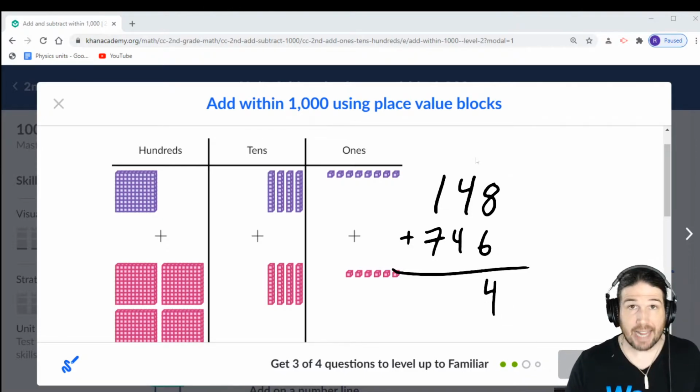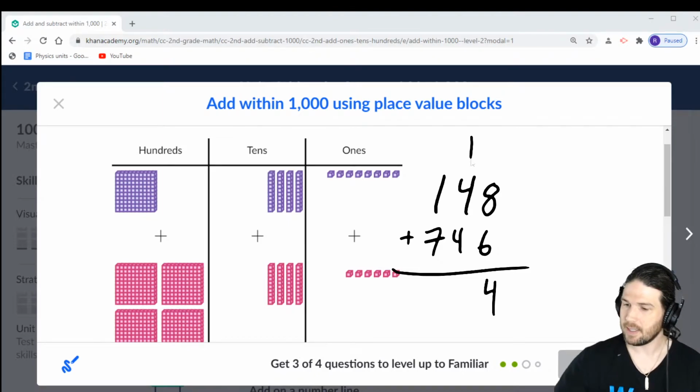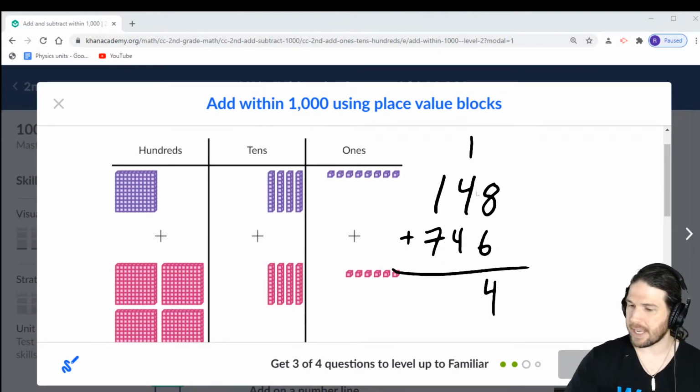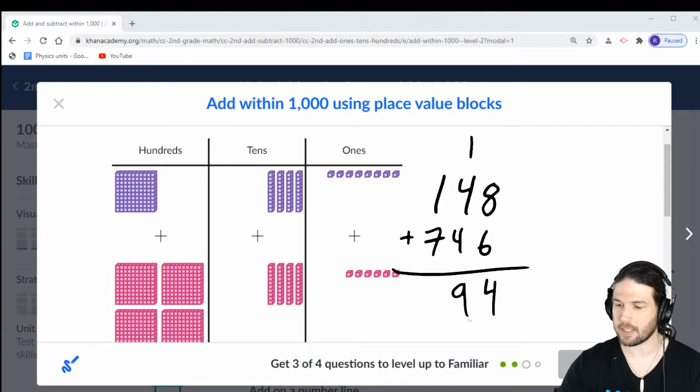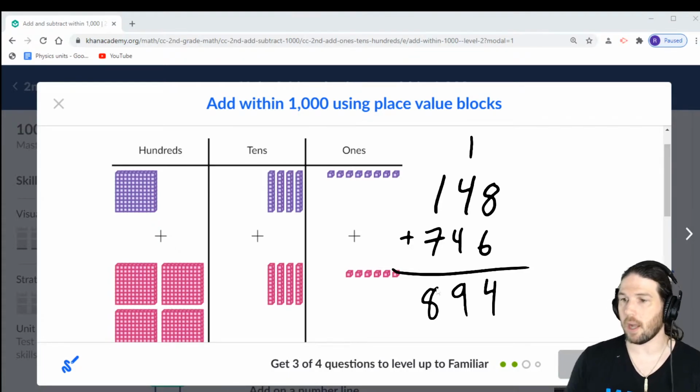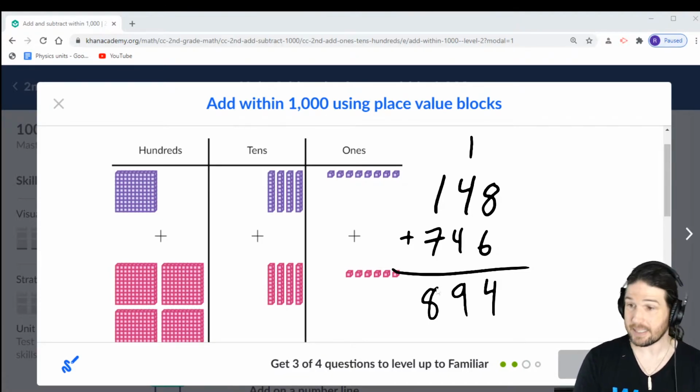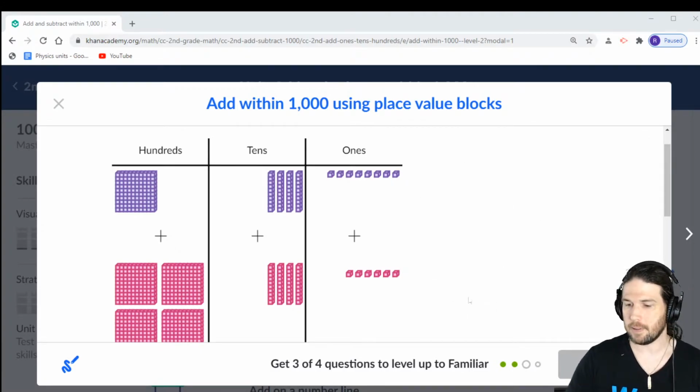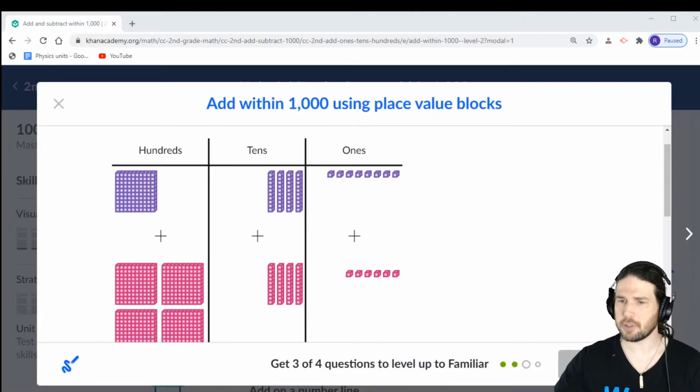And then the 10 in 14, I will go ahead and move over to the tens place. I have 4 tens and 4 tens and 1 ten. That makes a total of 9 tens for 90. And then I have 7 hundreds and 100 for a total of 8 hundreds. So 148 plus 746 is indeed 894, assuming I did not screw up somewhere, which I do sometimes.